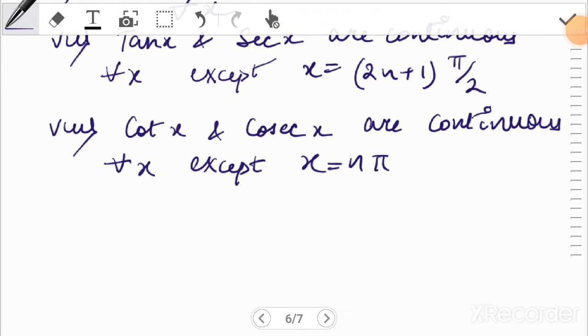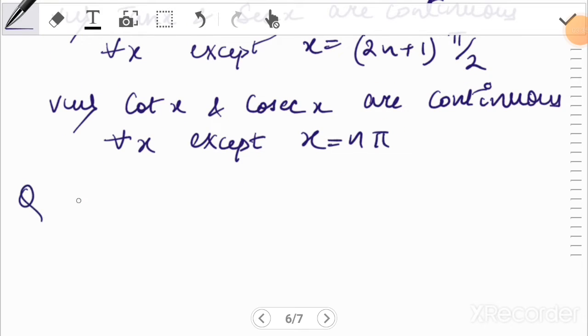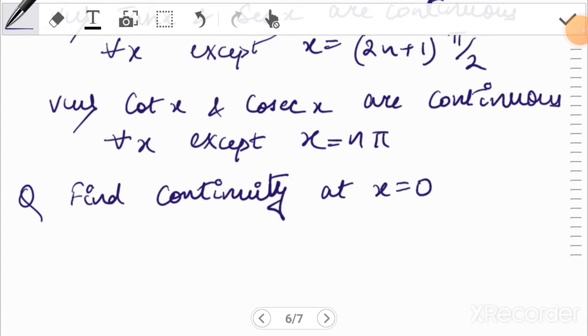So let us see one example. Find continuity at x is equal to 0, and the function is 1 by 1 plus 2 power 1 by x.